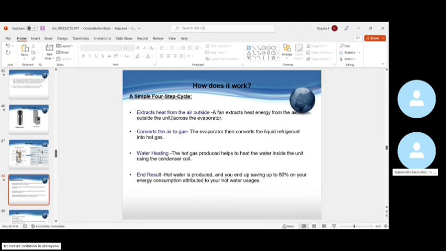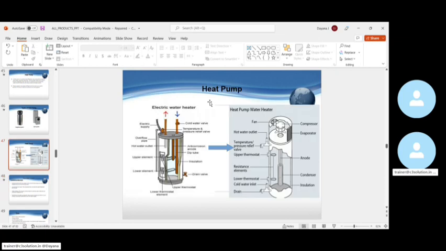The hot gas produced helps to heat the water inside the unit using the condenser coil. We have a condenser coil inside. Here, see, the condenser coil is in the tank.